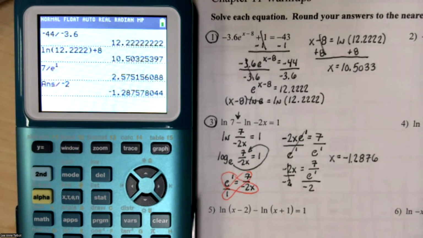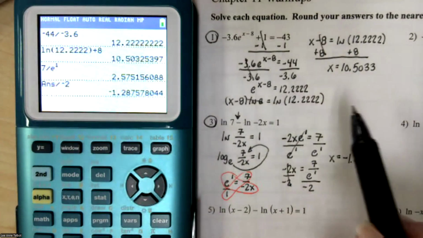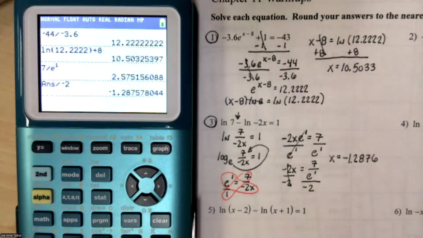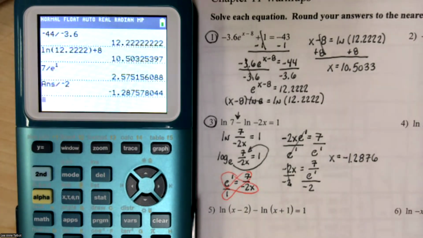Also, I noticed on your test too, on a couple of these problems, people were finding a decimal for this and then continuing with the problem, which I think is a really good idea. If you get confused by order of operations, it would never hurt to type 7 over e to the 1, get a decimal, and then divide both sides by -2 if you like that better. Totally fine. I'm just too lazy.